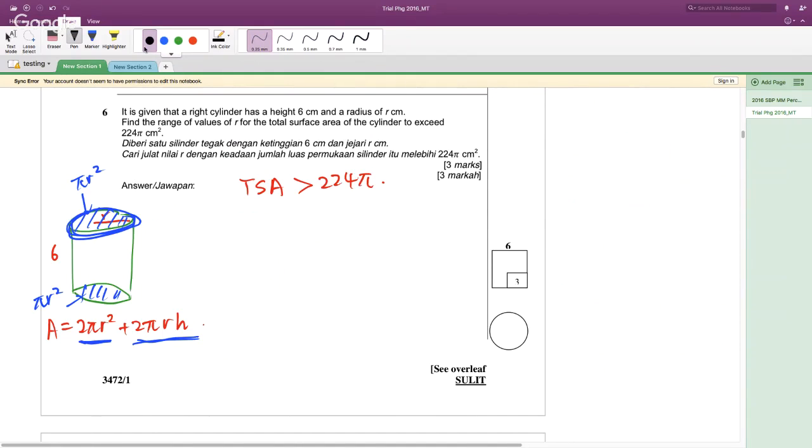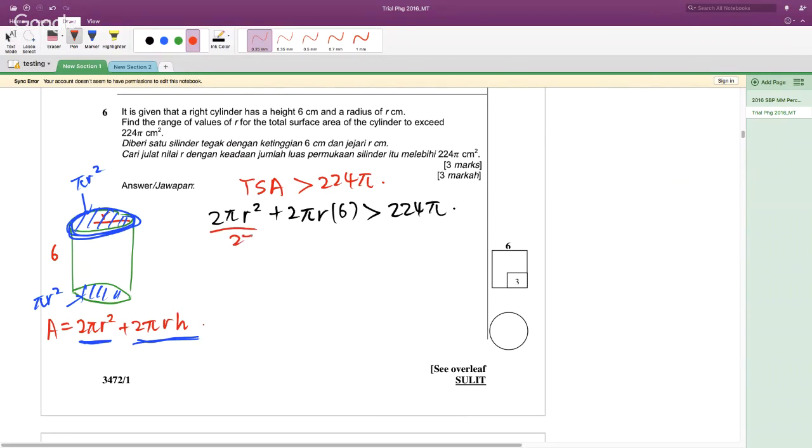Anyways, let me come back to this one. The total surface area is bigger than 224 pi. So I substitute 2 pi r square plus 2 pi r h, with h equal to 6, bigger than 224 pi. Maybe I make this simpler, with no need for so many steps.